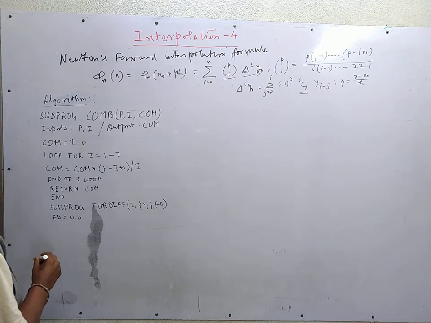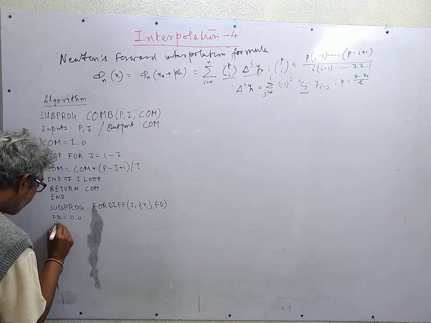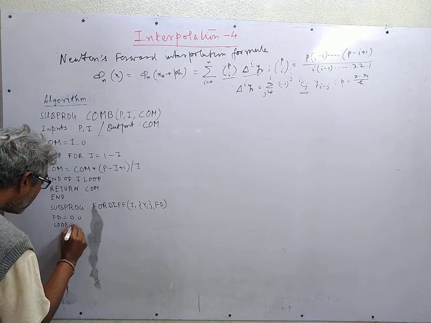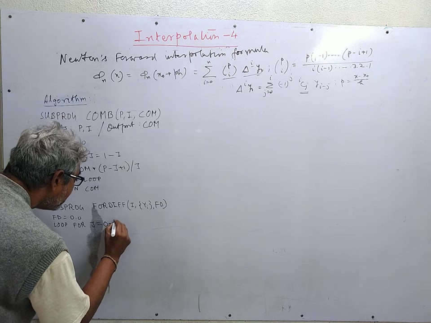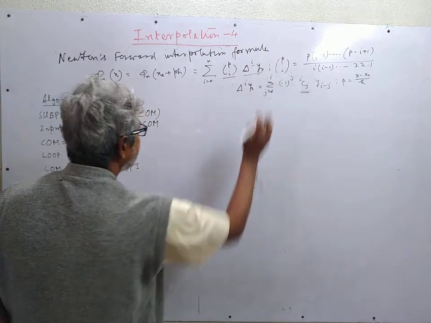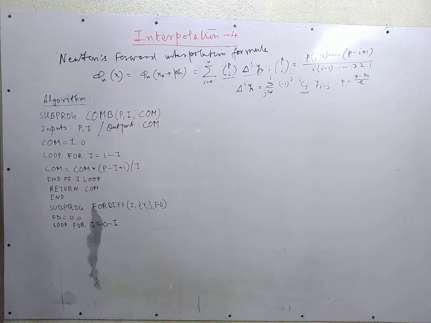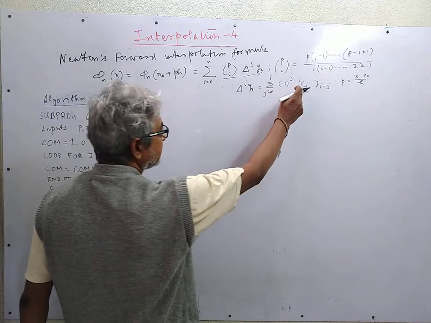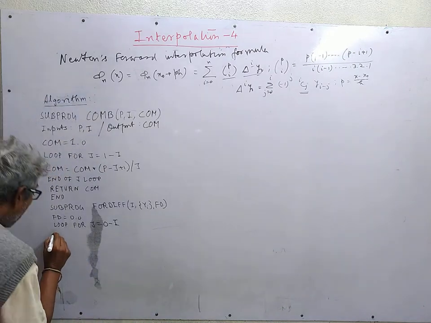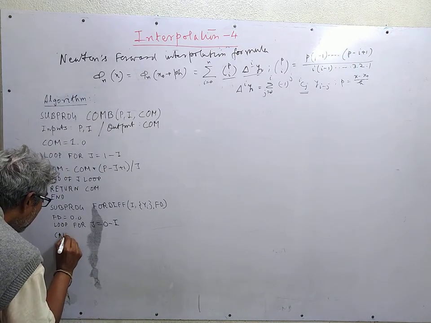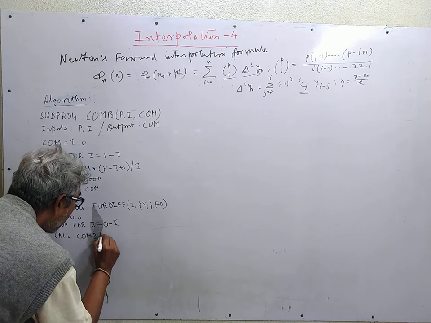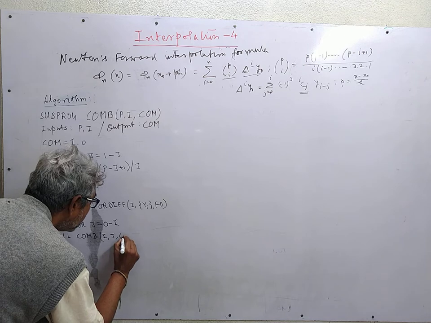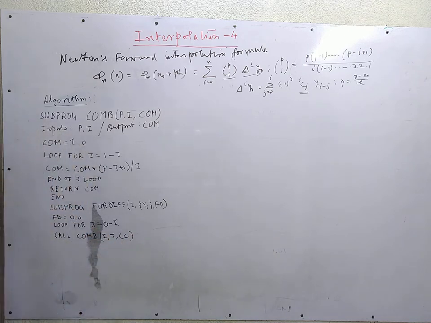Then we start a loop for j in the range 0 to I. This is the loop j. For each value of j, we first need to calculate the combination, so we call COMB to get CC.